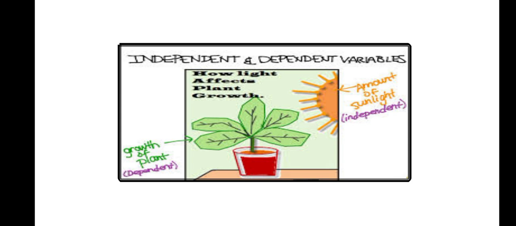Here the growth of the plant is the dependent variable, and the amount of sunlight that it receives is the independent variable. So the amount of sunlight affects the growth of a plant. From this we could say that the dependent variable is something which depends on the other variable, and an independent variable is antecedent to the dependent variable.